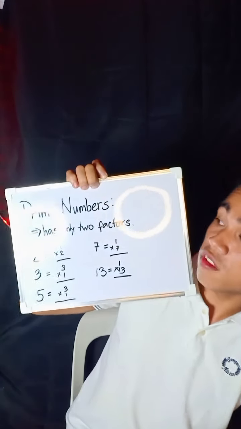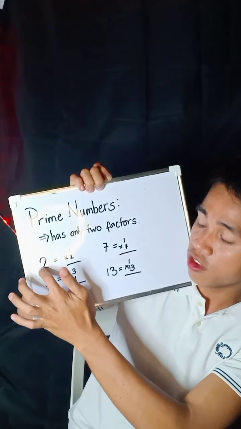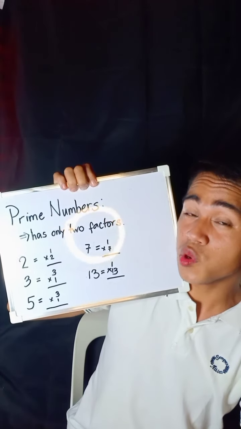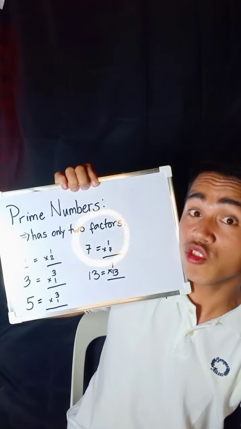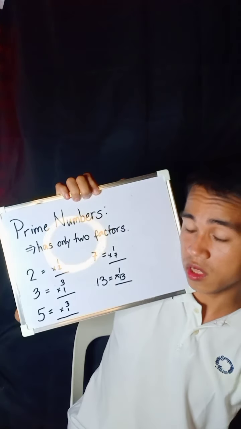Example here, 2. There is no other number that can be multiplied to give 2. Only 1 and 2.